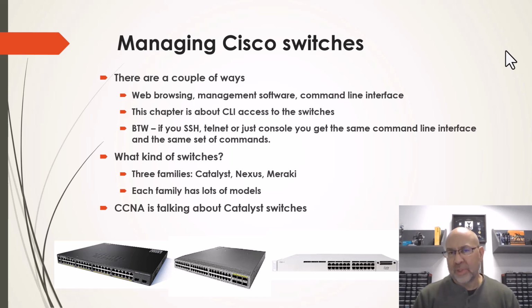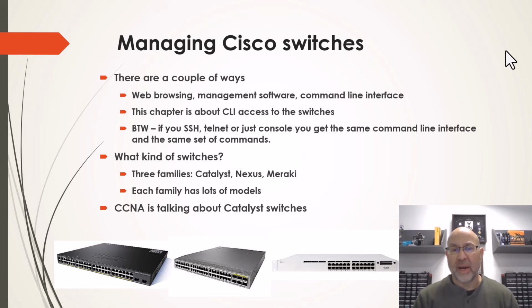Now, what kind of switches are we talking about? This chapter is mostly about the Catalyst and Nexus, right? So when you see those commands pop up here in the CCNA study guides, those are the switches that we're mostly talking about. But there are generally three families that Cisco has: the Catalyst, Nexus, and Meraki. Each family has lots and lots of models.